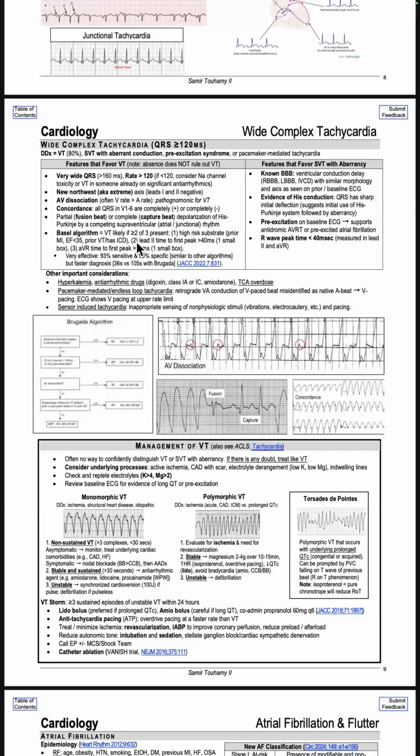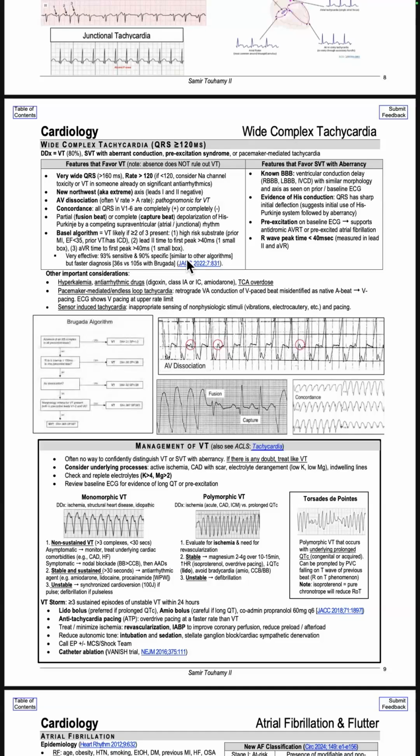The second criteria is lead 2 time to first peak greater than 40 milliseconds or 1 small box. And the third criteria is aVR time to first peak 40 milliseconds or 1 small box. This is very effective, 93% sensitive and 90% specific.